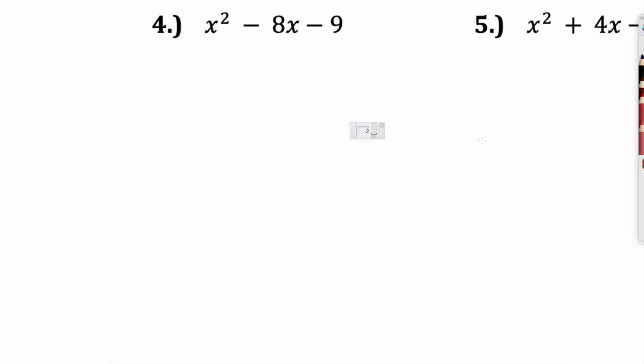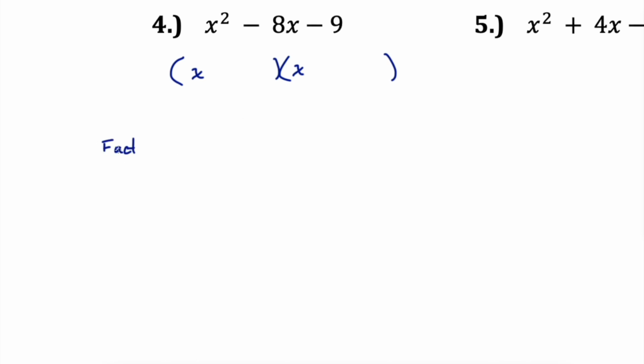If you feel these are pretty easy and you got them, take a look at the next one, because they increasingly get a little bit more challenging. All right, so we're going to have 2 binomials here where we have x terms as our first, and then we need to figure out the factors.